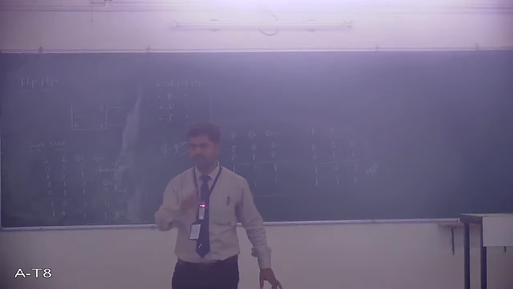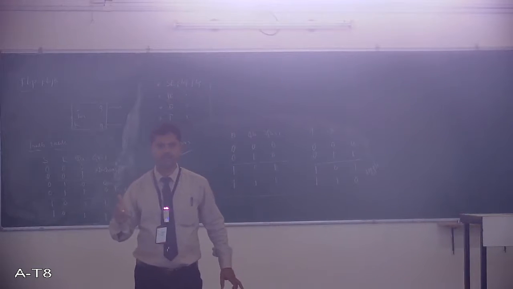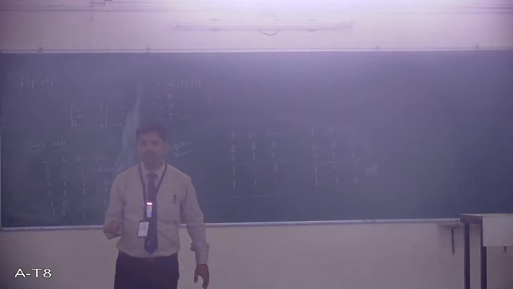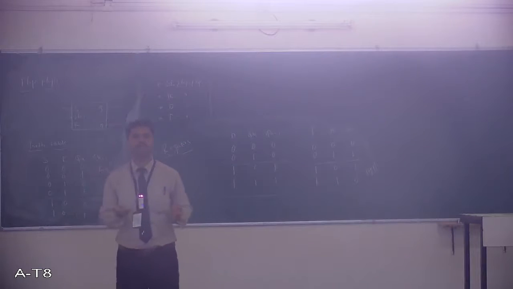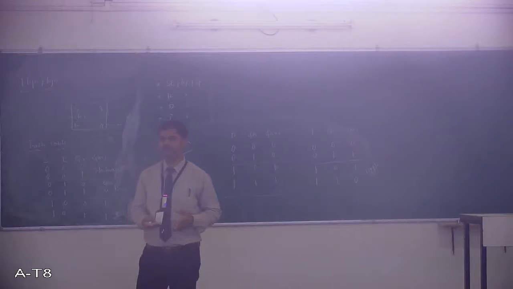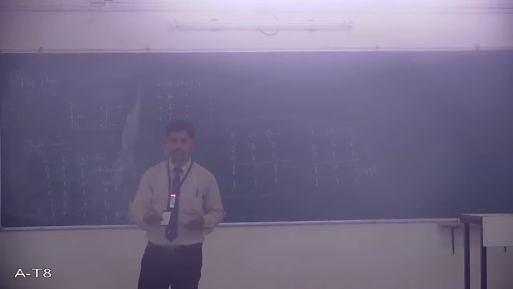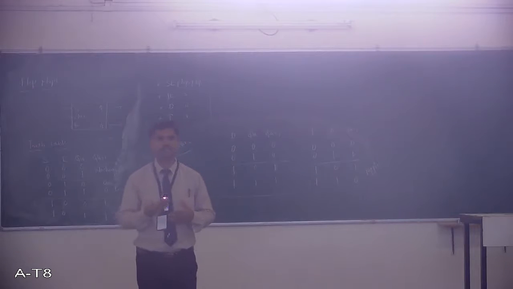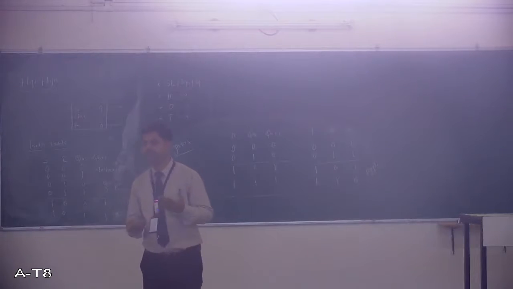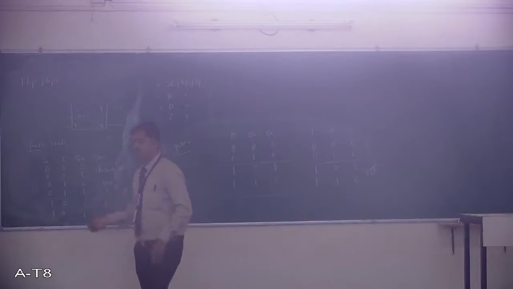Along with that, you must apply the clock signal. Without the clock signal, the flip-flop is simply disabled. If you apply the clock signal, then only it can start functioning. That's the meaning. This is the table of the SR flip-flop.